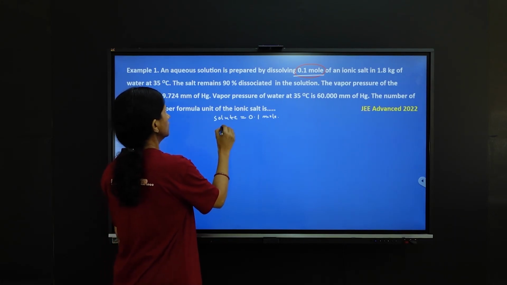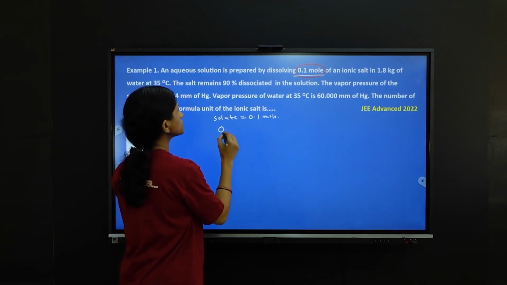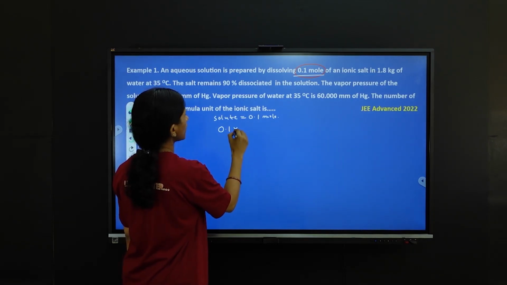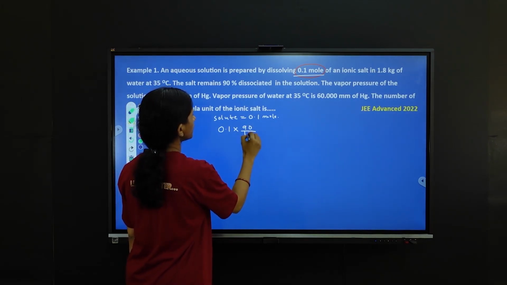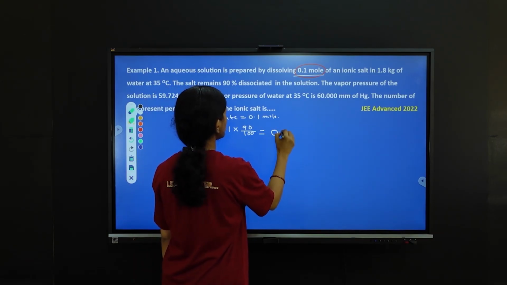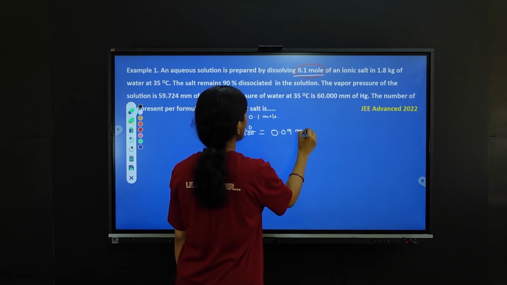So how many moles will be dissociated then? 0.1 mole times 90 divided by 100, which gives you 0.09 mole.